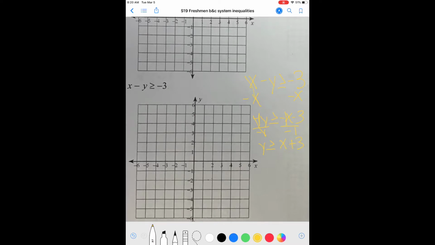Now most of you think, oh, well, we're done. We've got y by itself. We're good. No, we would be done if it was equal to, but it's not equal to, it's an inequality.